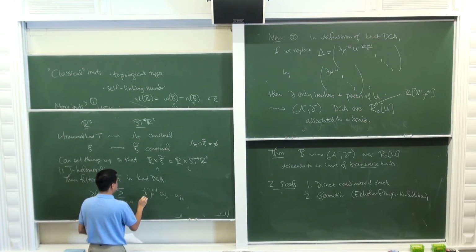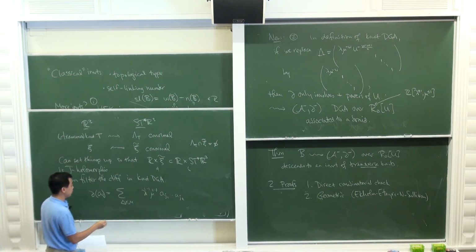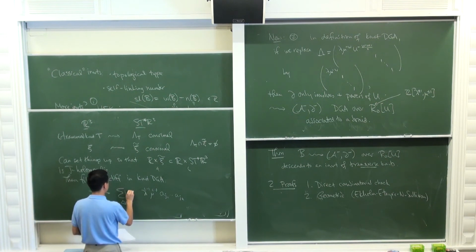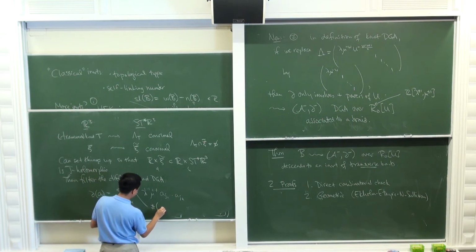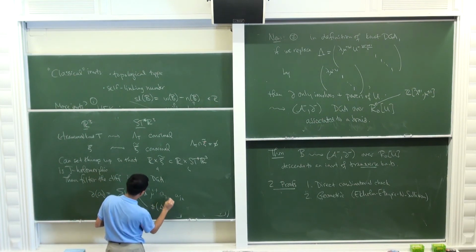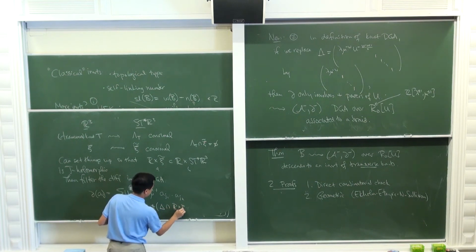And now, instead of putting in the power of u that I had before, what I can write is u to the intersection of something. And this is the number of points in the intersection of delta and this holomorphic thing.